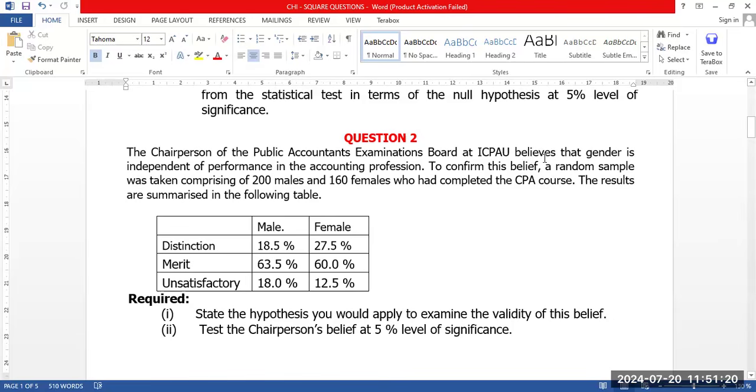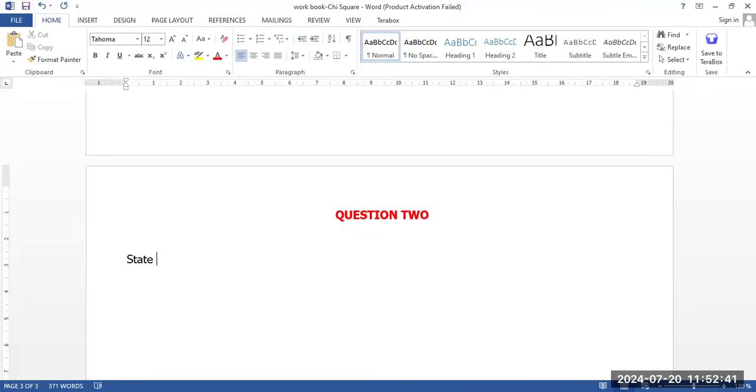So for the alternative, we state the hypothesis. Number one, we always start with the null hypothesis. Don't cram these things, just understand, because your question in an exam will be different.